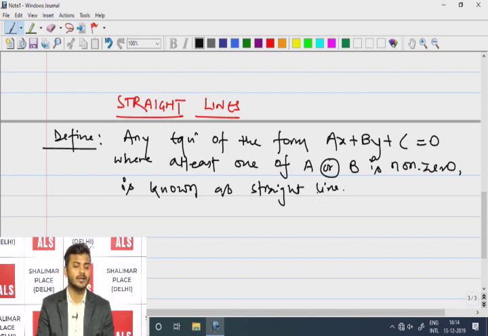Mathematically, any equation or expression of the form ax plus by plus c is going to be a straight line, provided at least one of a or b is non-zero.